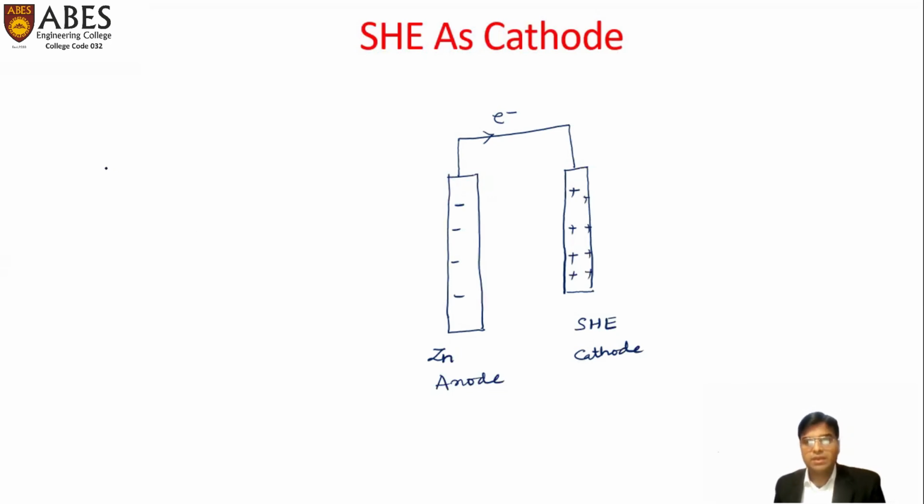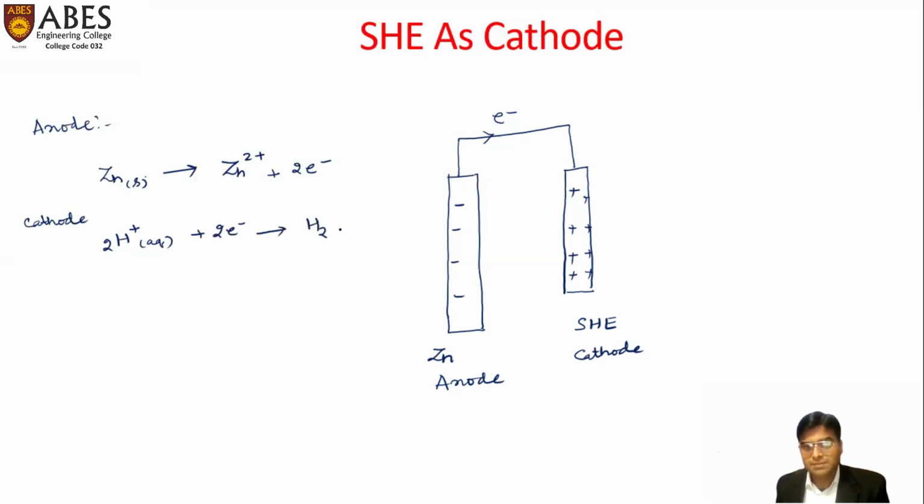The reactions associated with both electrodes can be shown as: at anode, zinc is converted to zinc 2+ ions and it loses 2 electrons. At cathode, the standard hydrogen electrode has H+ ions. So they take up these 2 electrons to form the hydrogen gas.